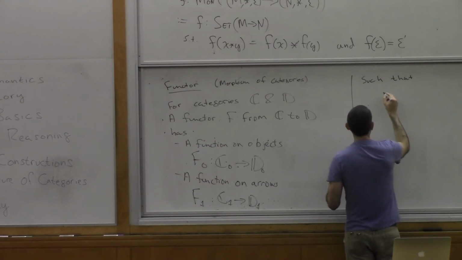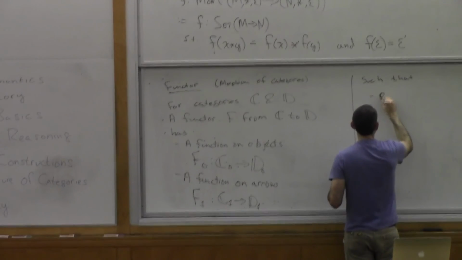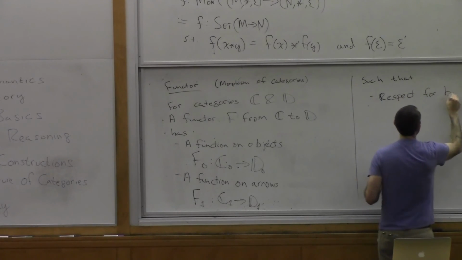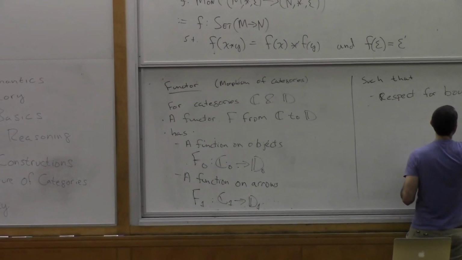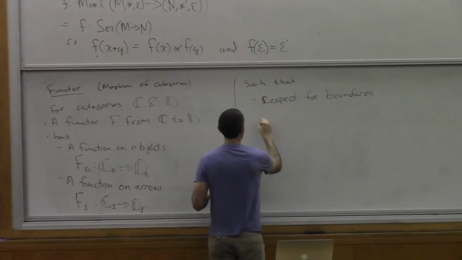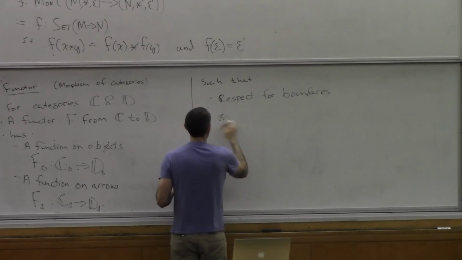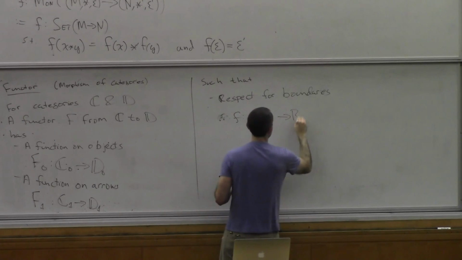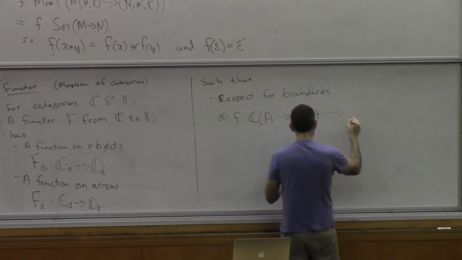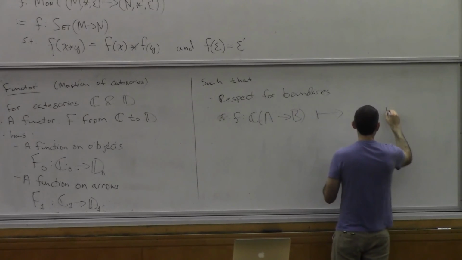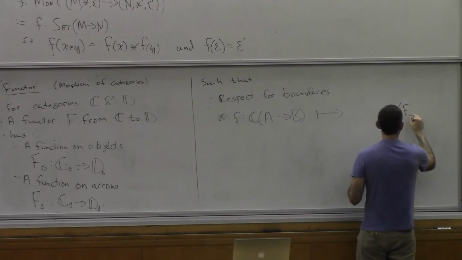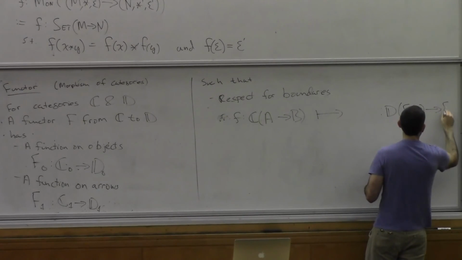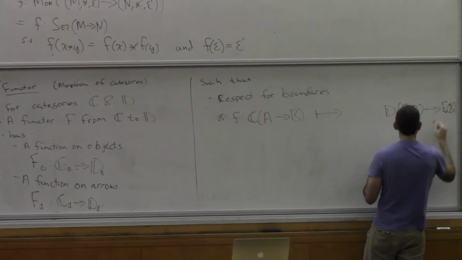So the first is respect for the boundary relation. What I mean by that is that if we have an arrow f in C from A to B, then that gets sent to some arrow in D from F0 A to F0 B, right?